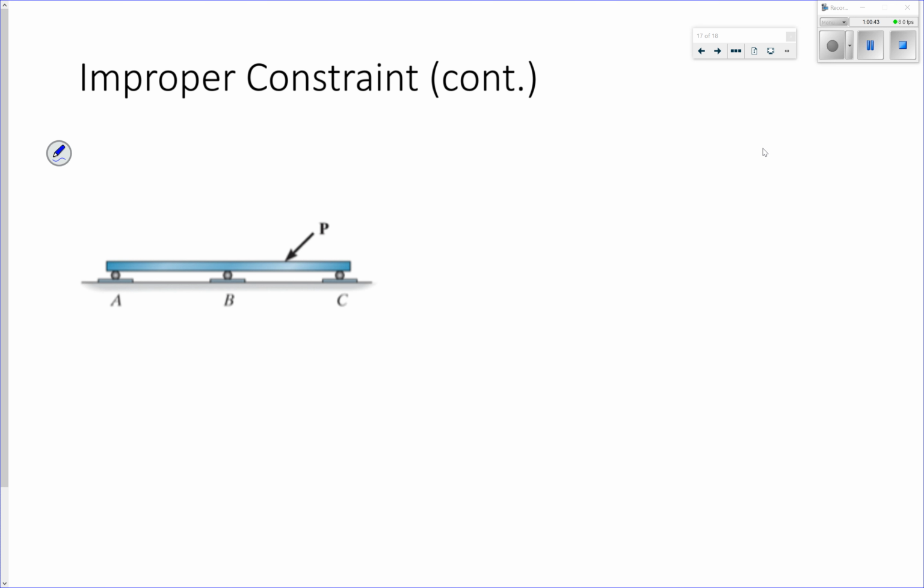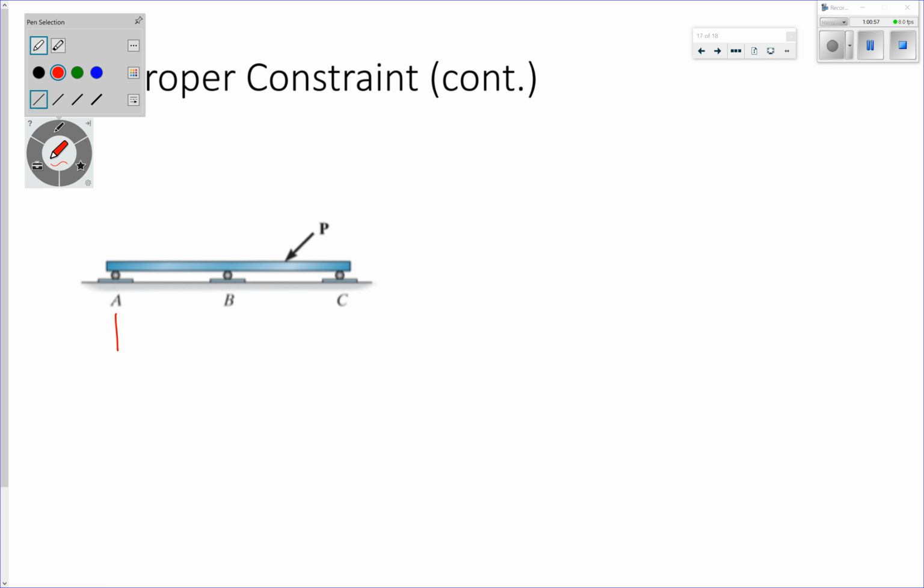By improper constraint, this is going to be similar. My last example is similar to the glider. I have 3 rollers here. Their reactions are all in the vertical direction.